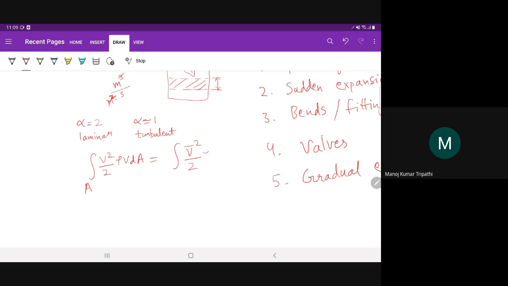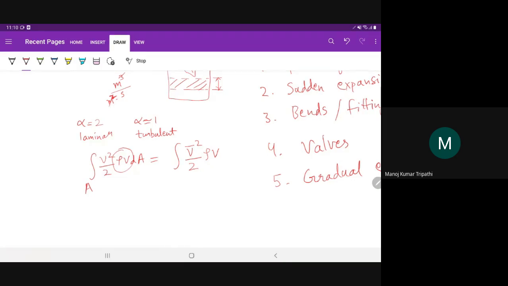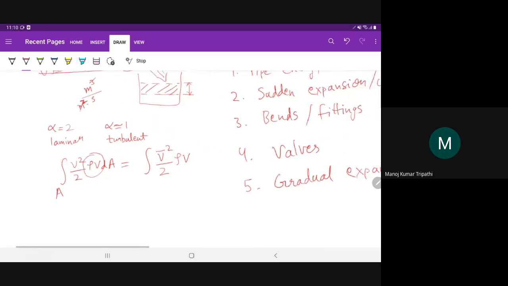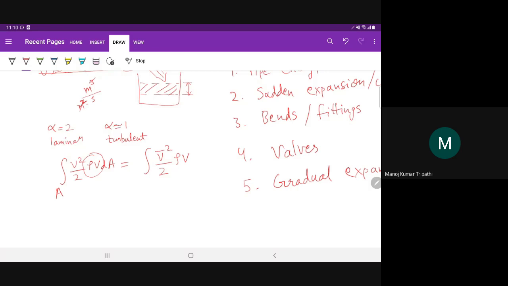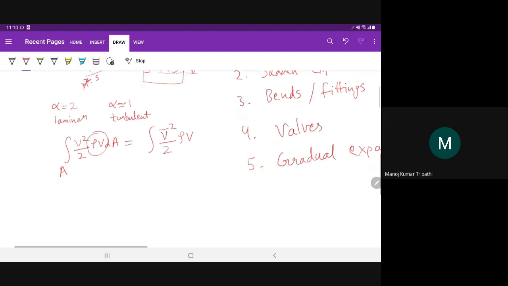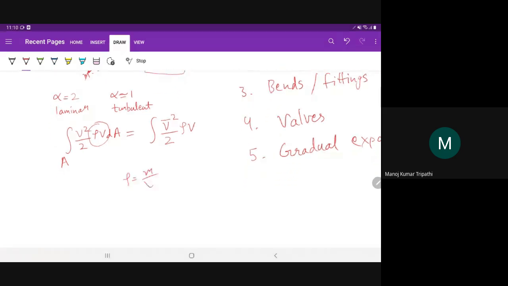So here we are writing the average kinetic energy. So how is this kinetic energy? Kinetic energy is mv square, right? Half mv square. This is the mass flux, rho times velocity times dA. So basically, because we are writing in terms of density, density is mass per unit volume.